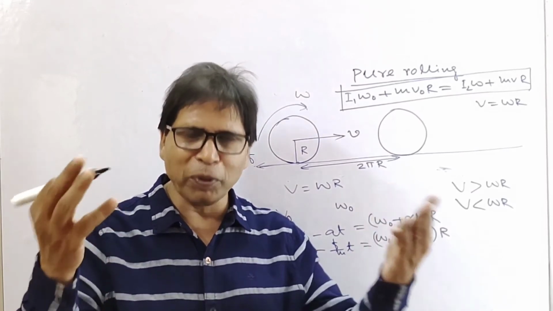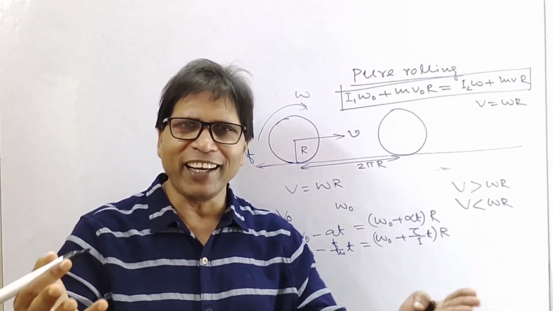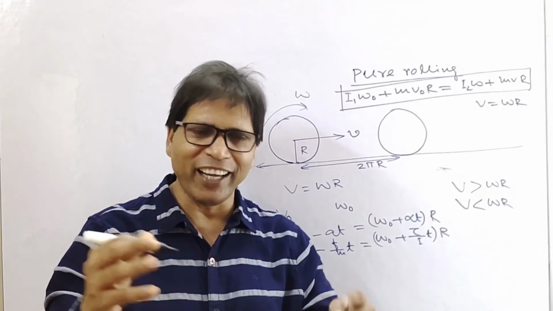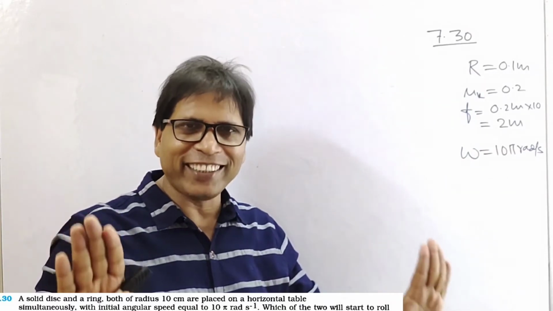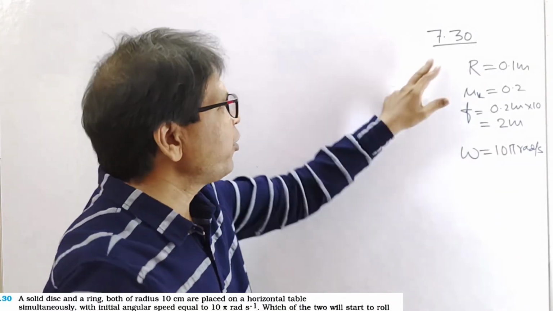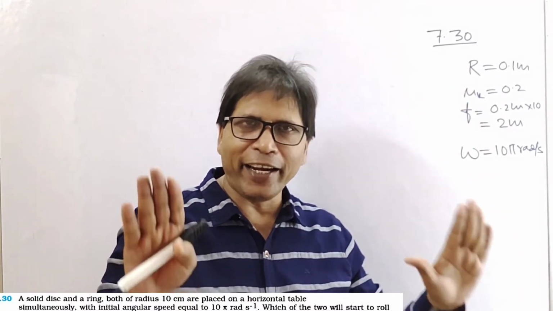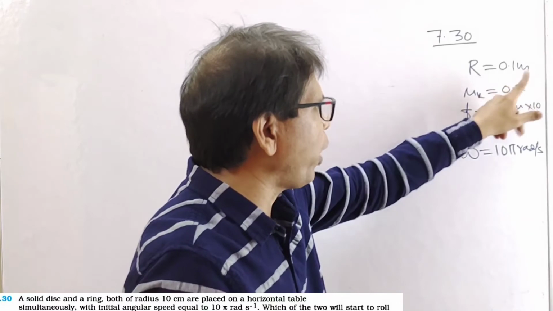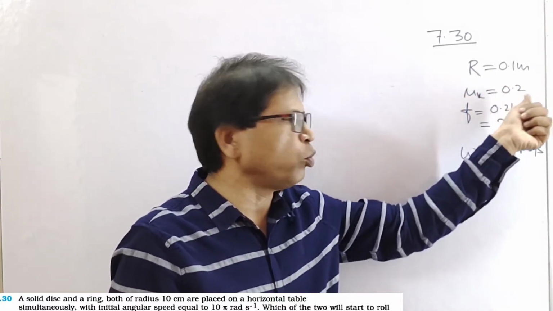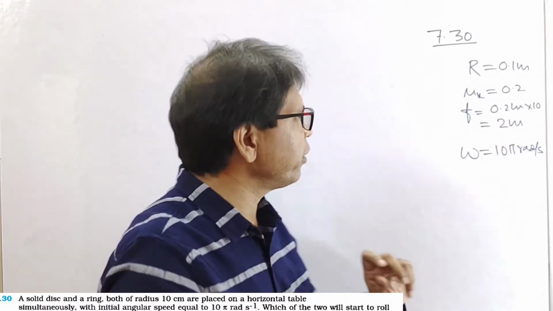Okay, now we will be solving some numericals related to pure rolling. Now look at this NCERT numerical 7.30. The radius of a disc and ring are both 0.1 meter and the coefficient of kinetic friction is 0.2 between the ground and the ring or disc.